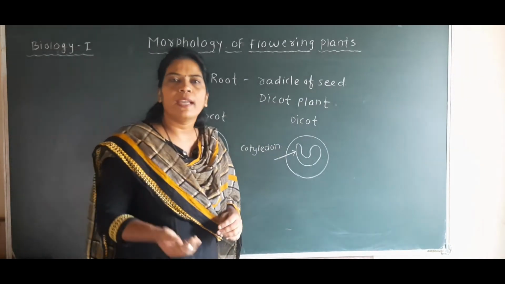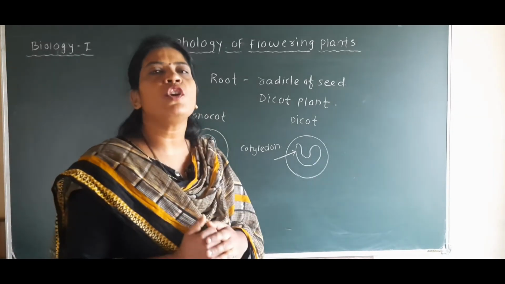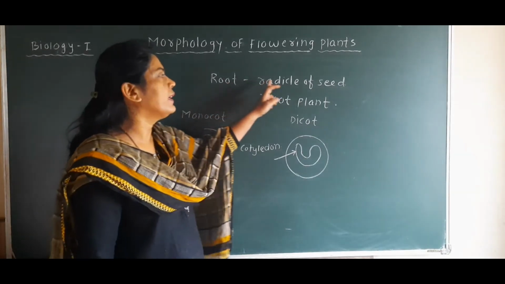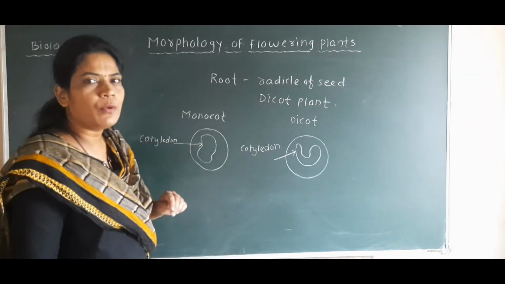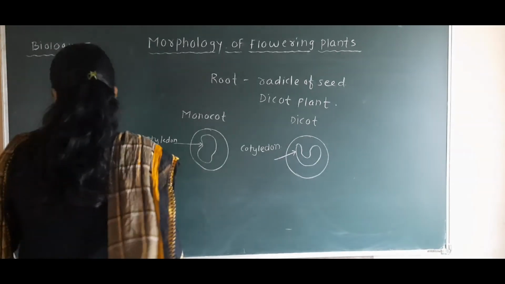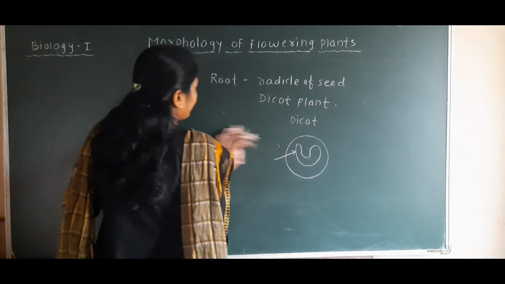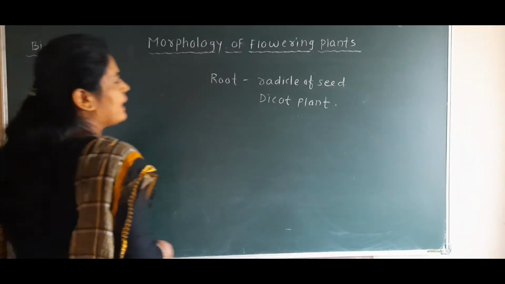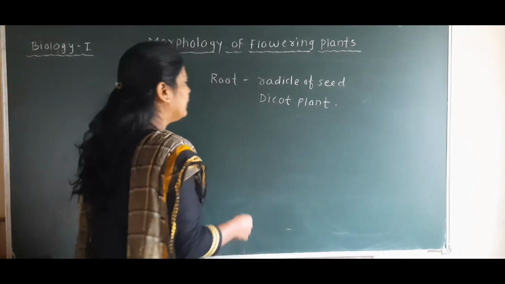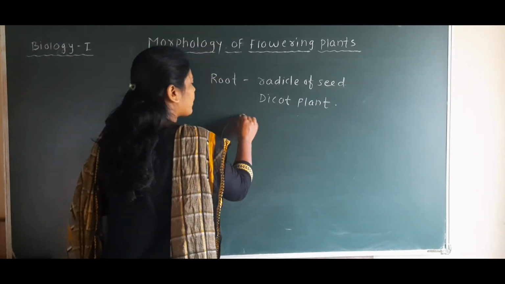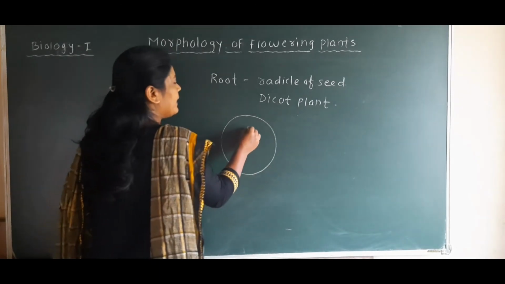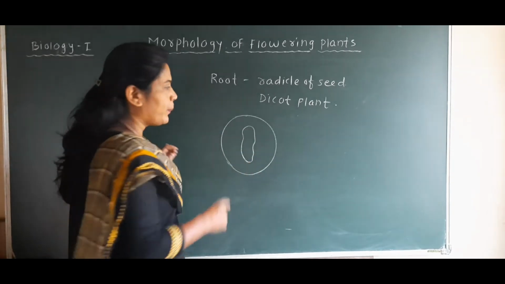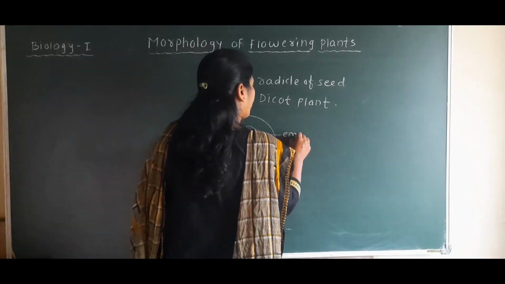So here we are discussing that in the majority of dicot plants, the root develops from the radicle part. Okay, now we have to know what is meant by the radicle. So again here we will draw the diagram of the seed, and from that we have to show the radicle part of the seed. Suppose this is the structure of the seed, inside the seed there is an embryo, and imagine this is the embryo part of the seed.